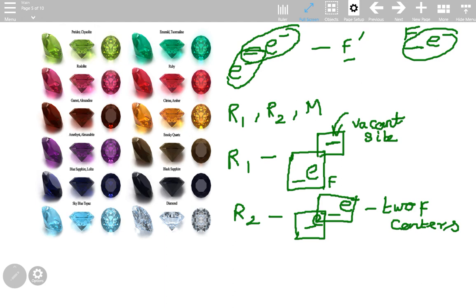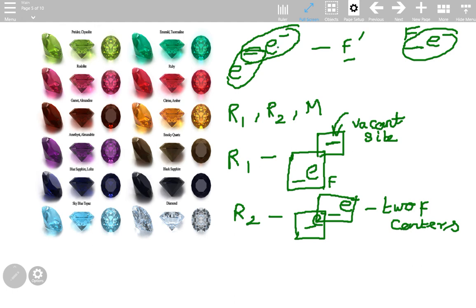You can get confused with F prime also. In F prime, there is a combination of F center, but a single site is shared with two electrons. So even though we say it as two F centers, it is not actually two F centers.